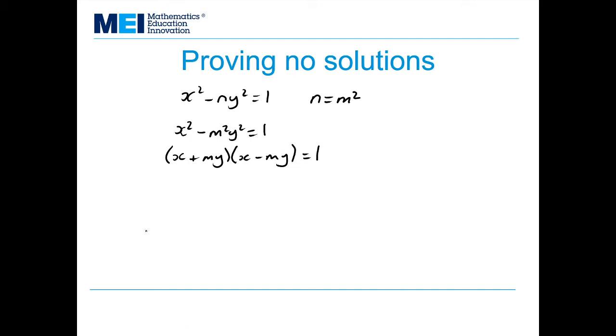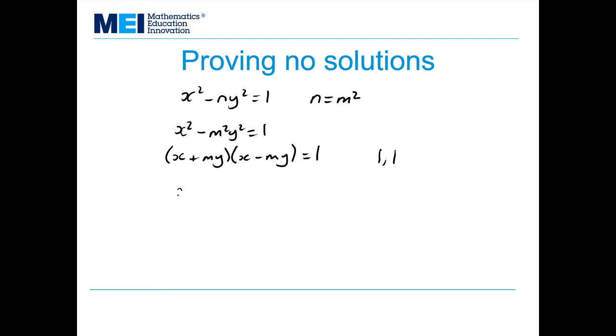Now what I've got here is x is greater than or equal to 1, y is greater than or equal to 1, and m is some whole number as well. Everything is a whole number, which means that these two brackets both have to be whole numbers that multiply together to give 1. The only pair of whole numbers that multiply together to give 1 are 1 and 1.